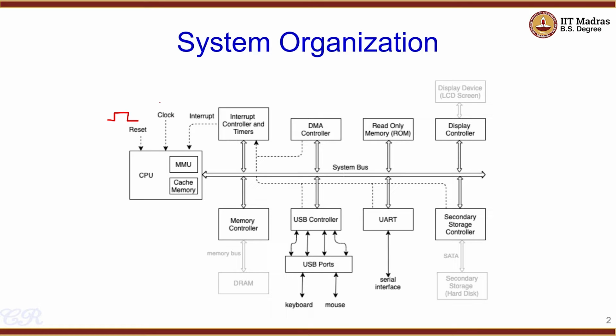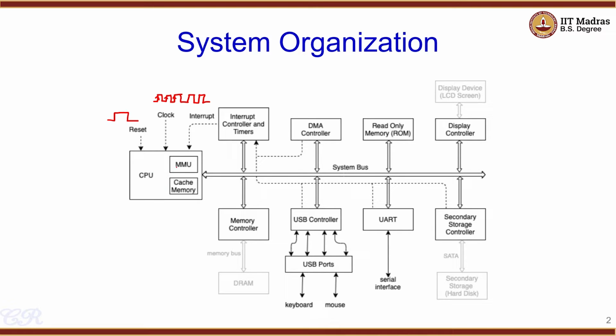The clock, on the other hand, is a sequence of pulses of this particular form, which is used by the CPU and also the rest of the system to perform various activities in different intervals of time. So, for instance, at every rising edge of the clock, the transistors, gates, and other hardware present in the CPU perform various operations within a specific clock period, right?